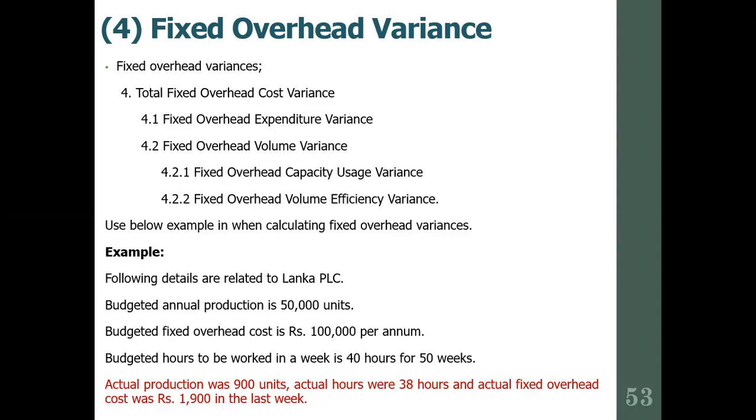Here also, the total fixed overhead cost variance can be caused by the expenditure variance as well as the volume variance. So these are the two underlying reasons for this total overhead cost variance.